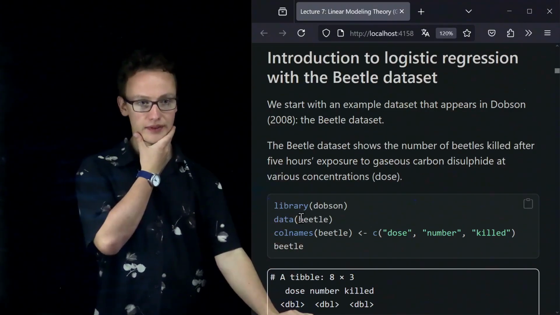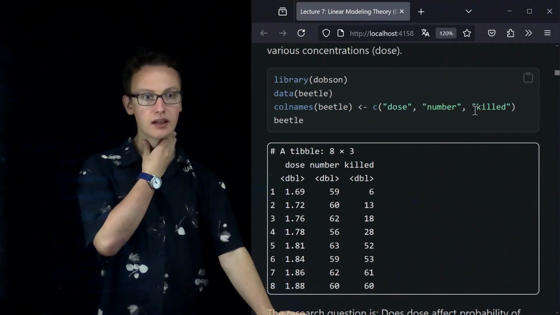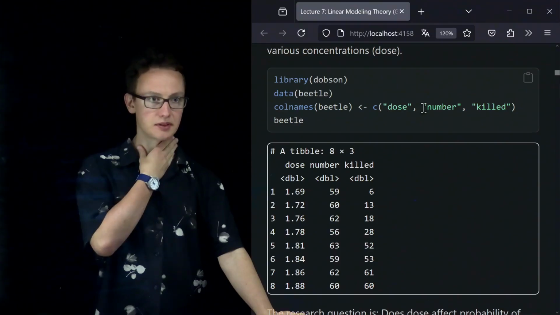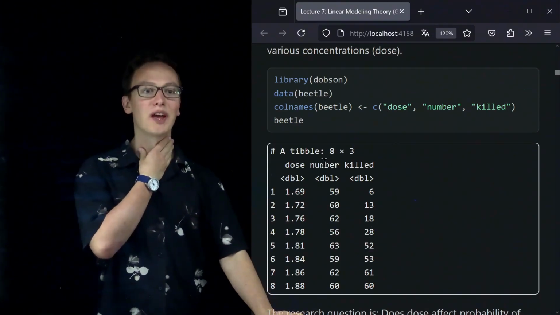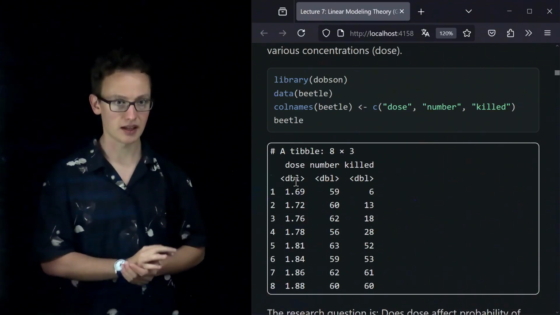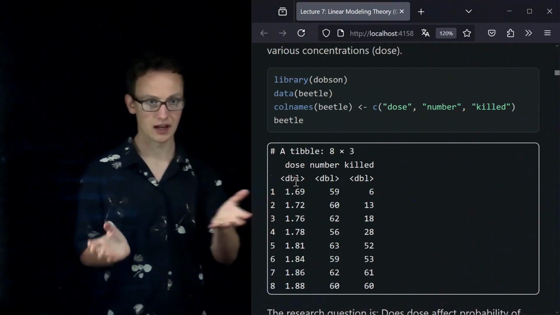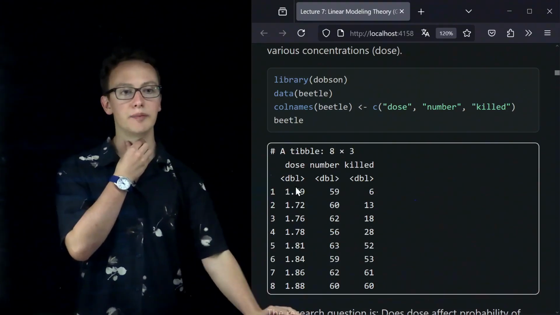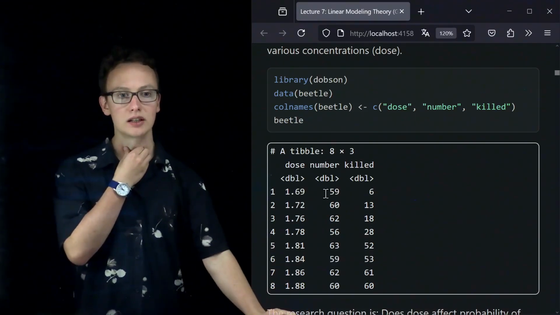And we have the data set here, which looks like this. So we have these 3 most important columns here, or actually the only columns, where dose is a numerical variable, a predictor in this case, which tells us how big the dose of that poisonous gas was. And then we have the number of beetles in that particular condition.